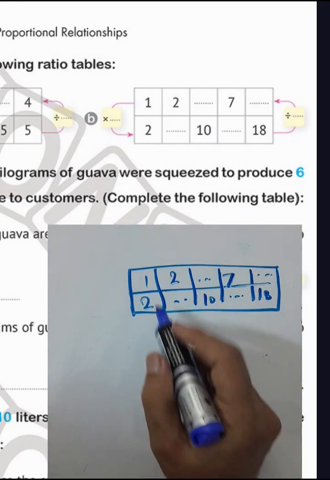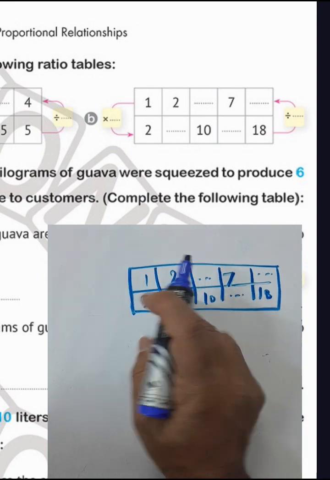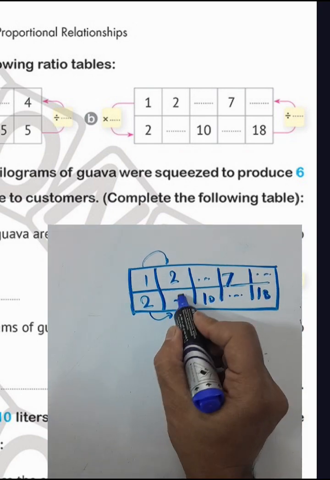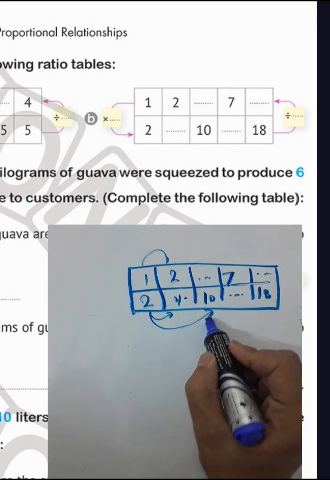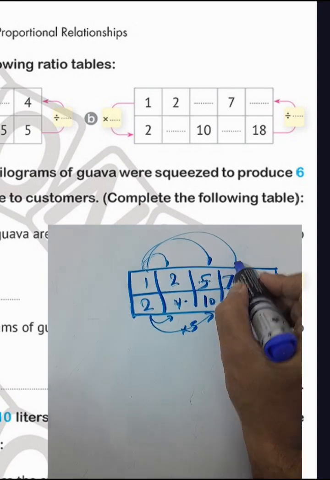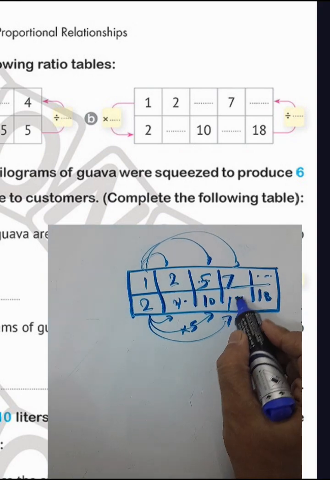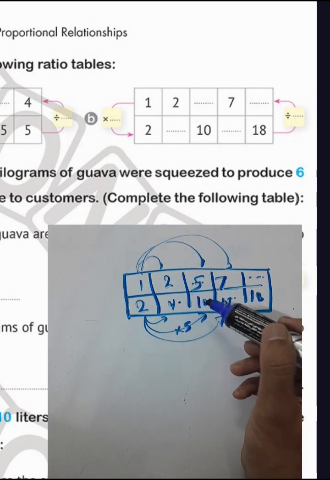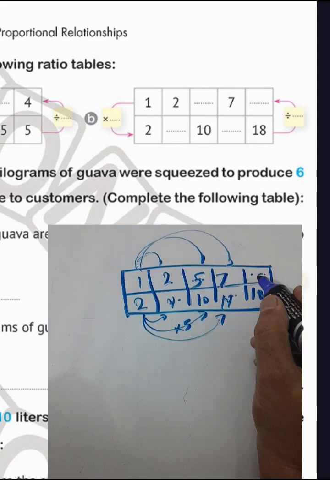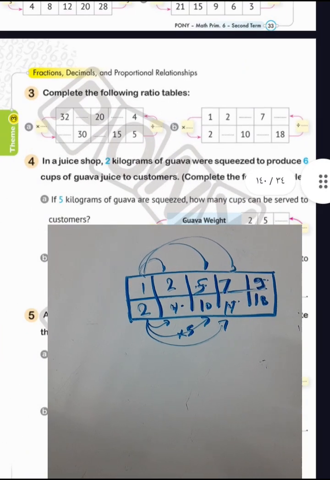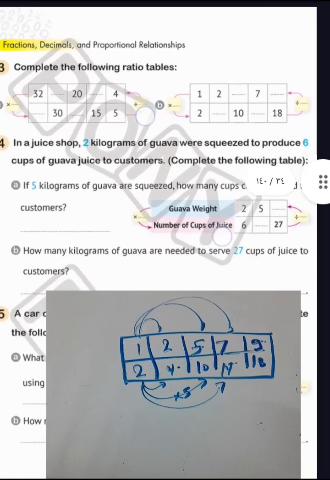We know 1 times 2 equals 2. Then 2 times 2 equals 4. 2 times 5 equals 10, then 1 times 5 equals 5. 1 times 7 equals 7, then 2 times 7 equals 14. Or 1 is half of 2, 2 is half of 4, 5 is half of 10, 7 is half of 14, 9 is half of 18. Okay, understood? Now we will complete these tables here.